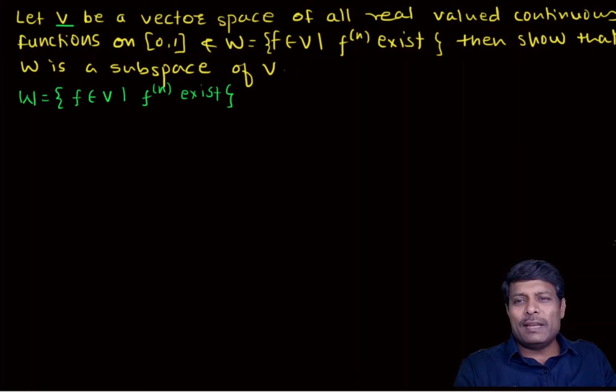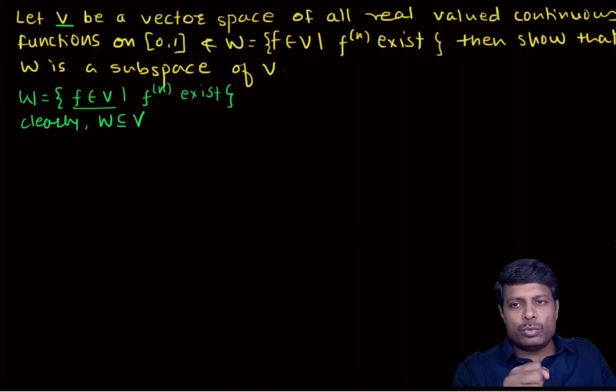So clearly here we can see all f from W are members of V. Therefore clearly there is no need to prove it. Okay, so W is a subset of V.